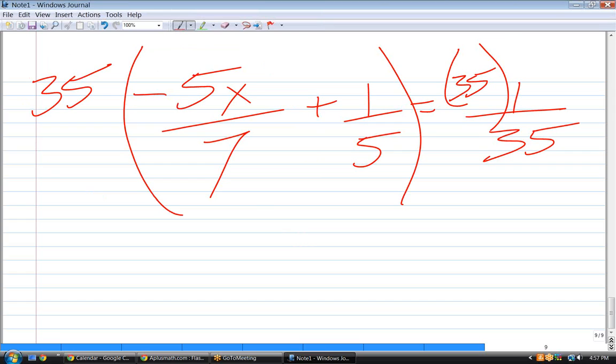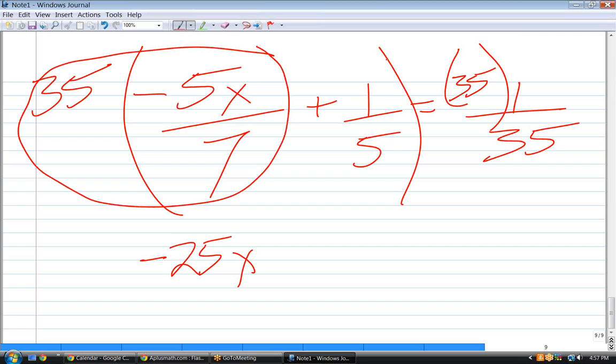Seven goes into 35 how many times? 5. Okay, so I'm really multiplying 5 times minus 5x. So what does that leave? Minus 25x? Okay, that's this multiplication. Now do the same thing. We have to distribute that 35 to that term.